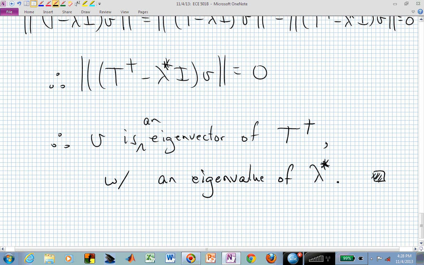So now we've shown the relationship between eigenvalues and eigenvectors when T is normal.